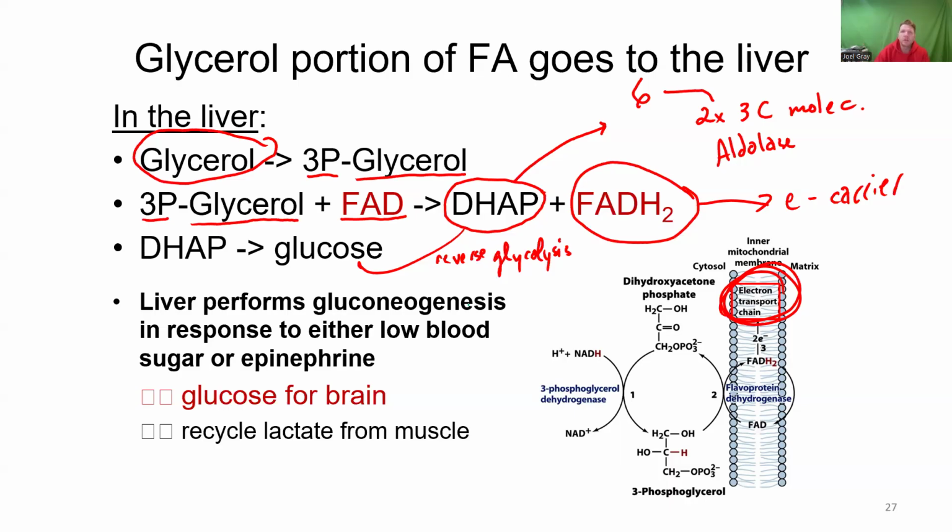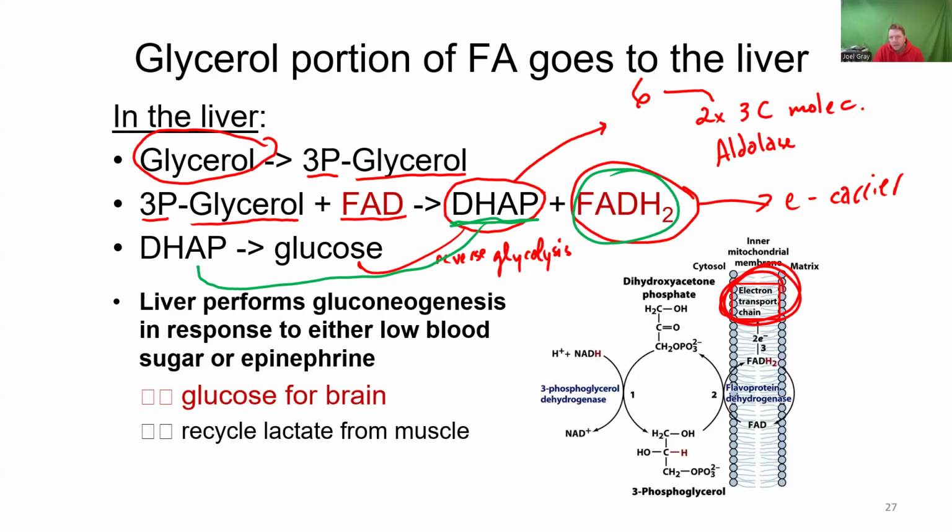That glycerol backbone is going to be broken down in order to make FADH2. That glycerol will also be broken down to form DHAP. That DHAP can be input into the inverse pathway of glycolysis known as gluconeogenesis. So that's the fate of the glycerol from a triacylglycerol.